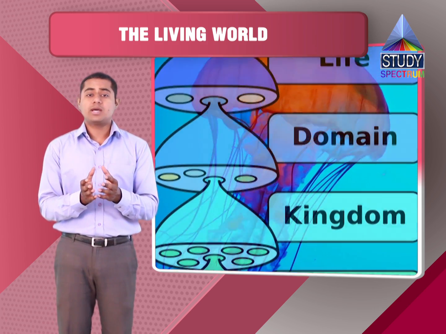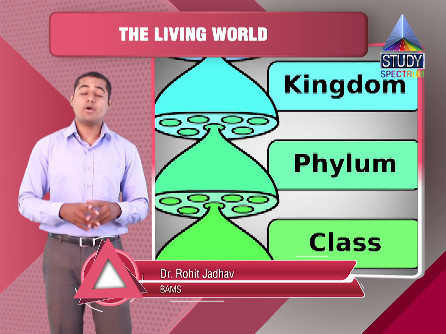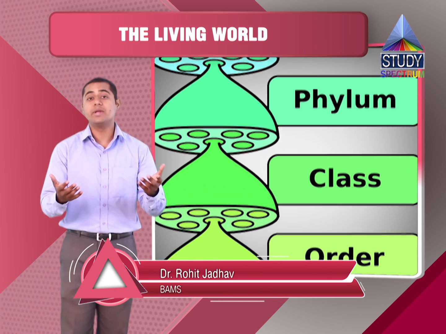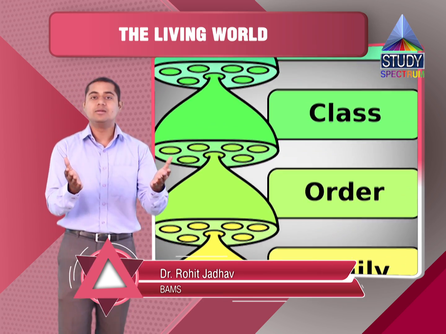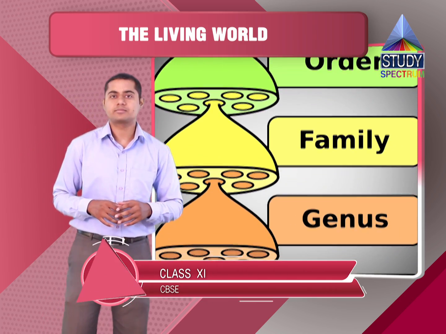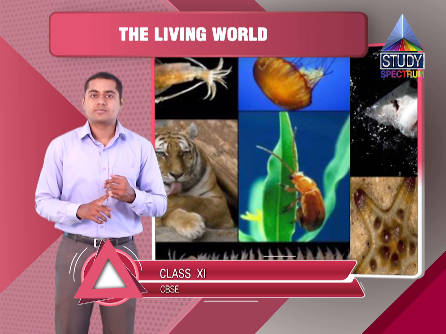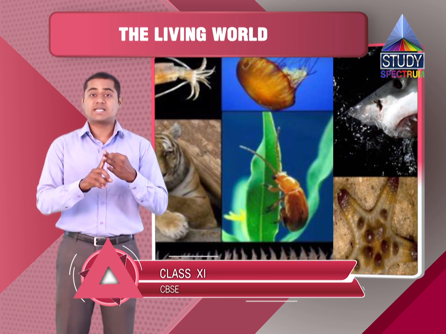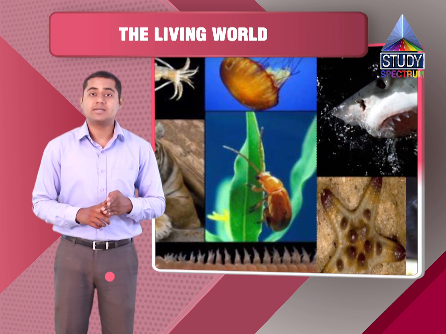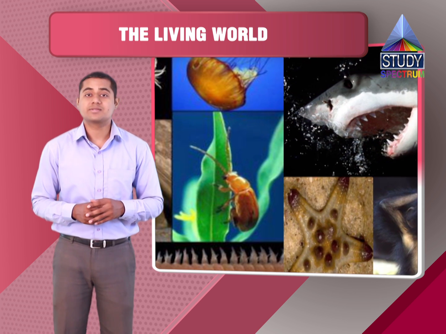Illustrate the taxonomical hierarchy with a suitable example of a plant and an animal. We have already seen our own, as in human beings, our hierarchical structure in taxonomy. Let's go through it once again. A human being: kingdom Animalia, phylum Chordata, class Mammalia, order Primates, family Hominidae, genus Homo, species sapiens.